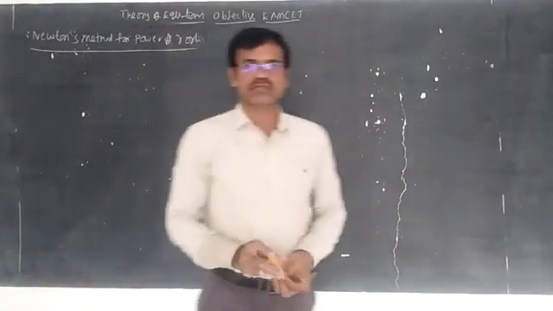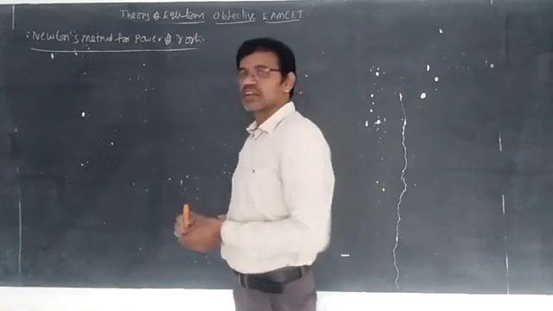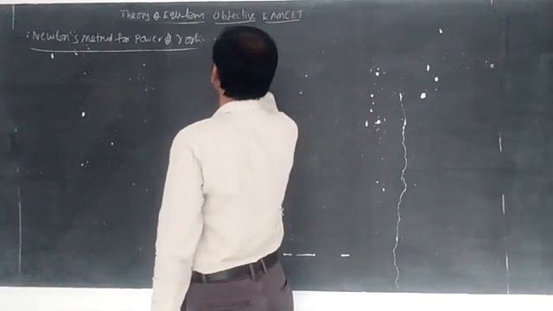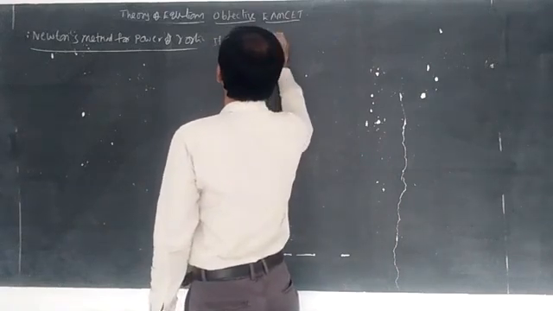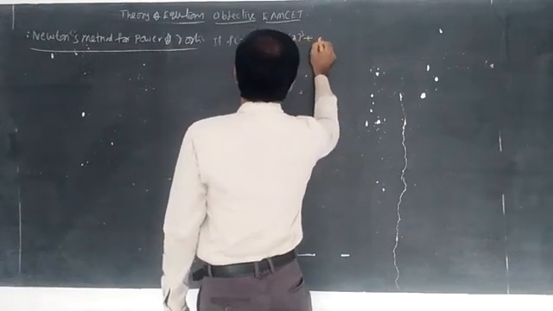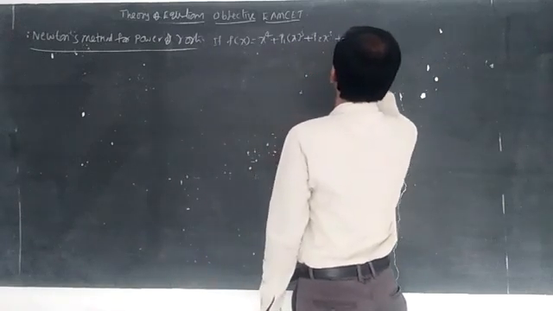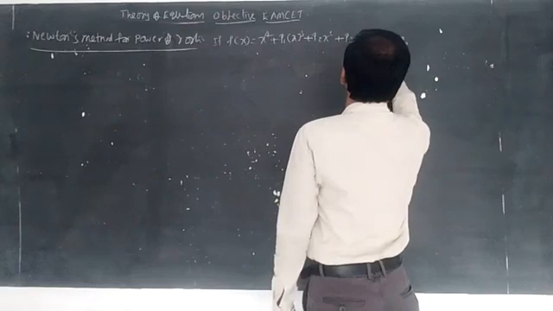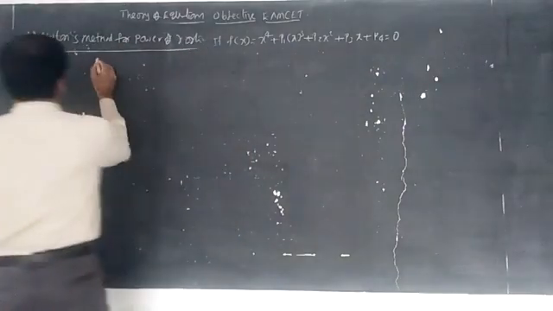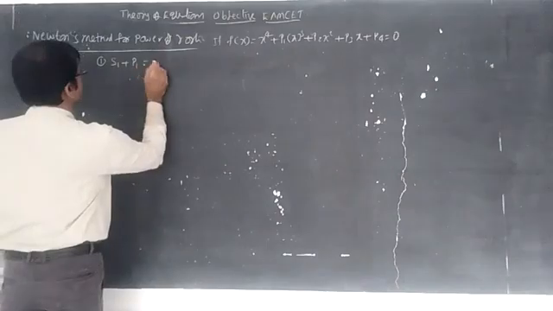Students, this Newton is none other than the physics Newton, so he has entered our algebra also. If I write f(x) equal to x power 4 plus p1 x cubed plus p2 x square plus p3 x plus p4 equal to 0, the first formula is s1 plus p1 equal to 0.